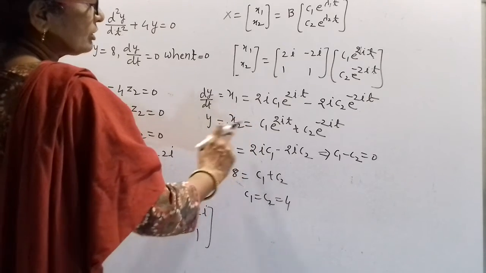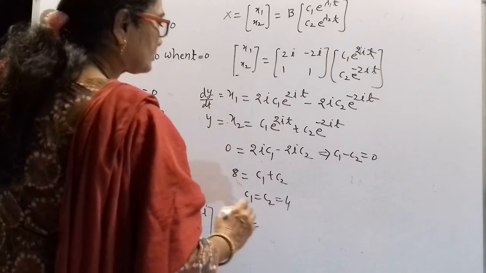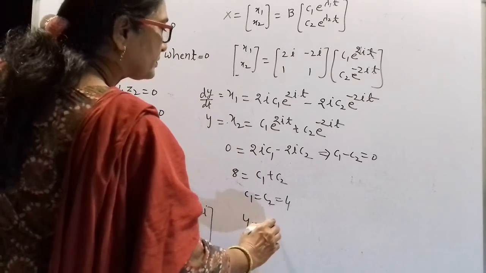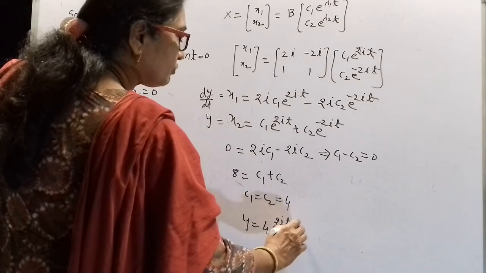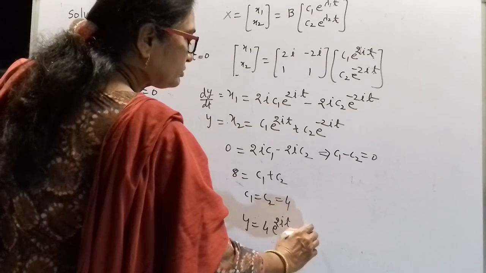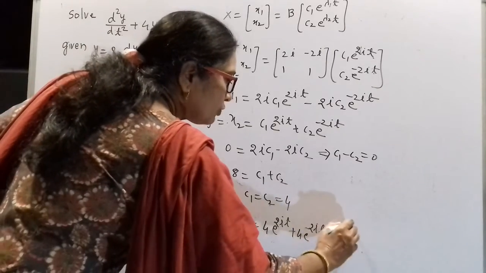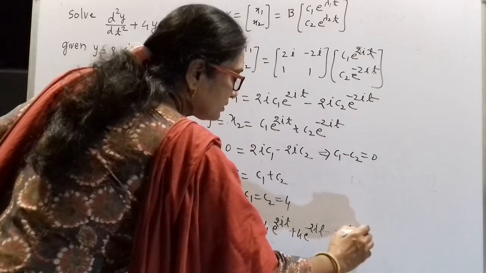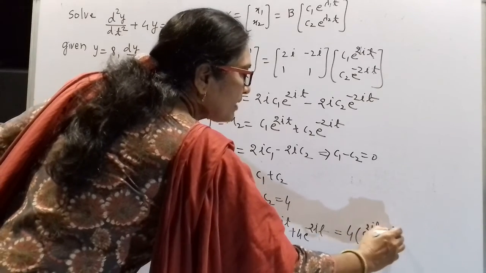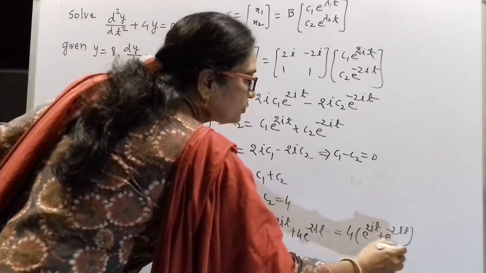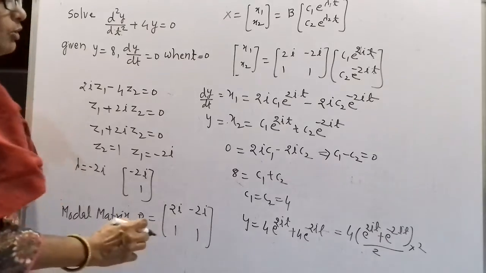So we have to put the values of c1 and c2 in this equation. So what we get is y is equal to 4 e to the power of 2it plus 4 e to the power of minus 2it, that is we can write it as 4 into e to the power of 2it plus e to the power of minus 2it upon 2, into 2, that is 8 cos 2t.